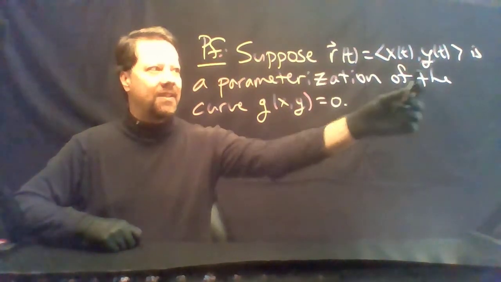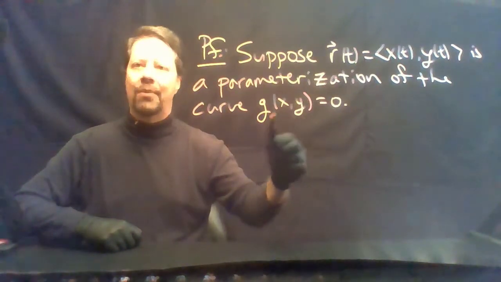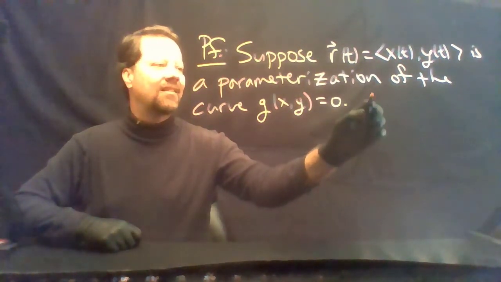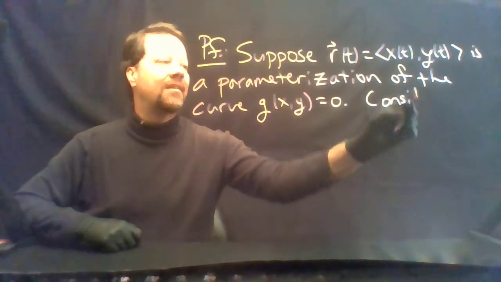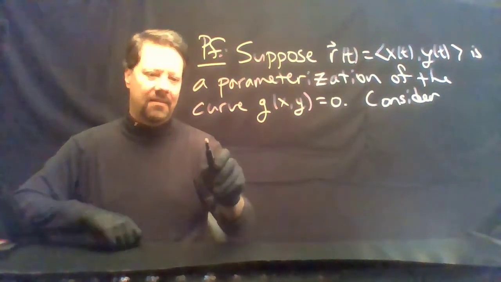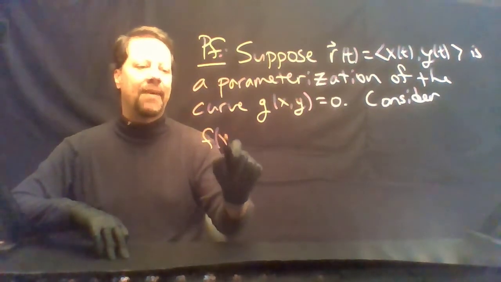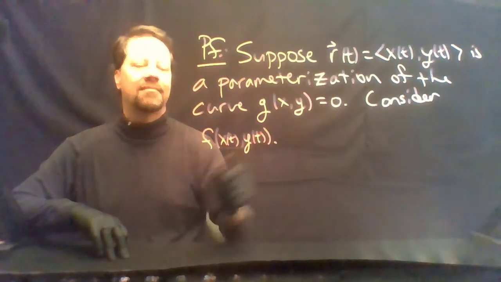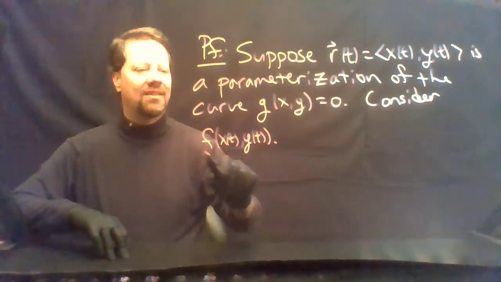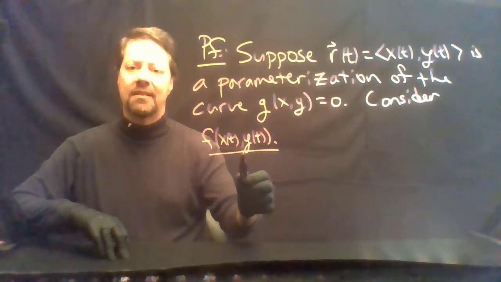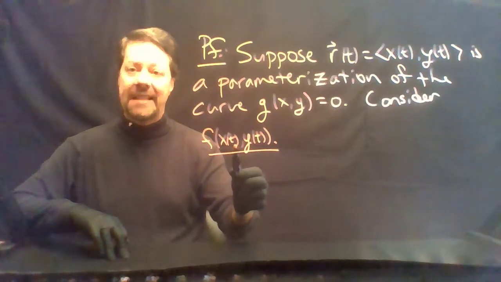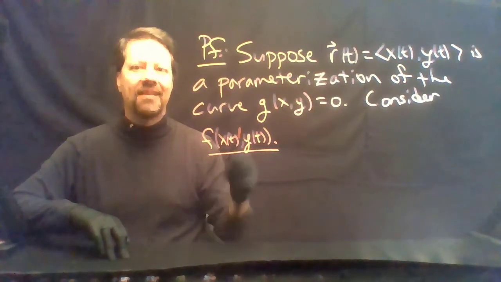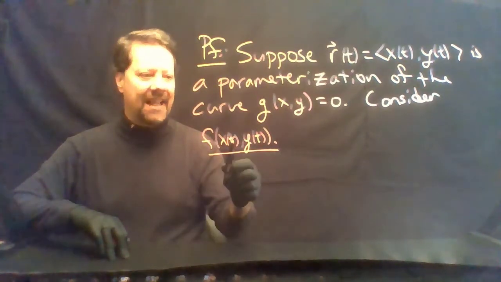So if I plug these functions in, I will get 0 for all t. We'll consider f evaluated on that curve. In order to find the extrema, we take the derivative with respect to t and set it equal to 0. It is differentiable after all. And then solve for t.